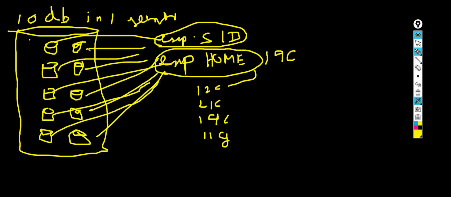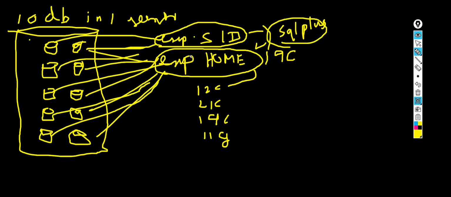We need to set the Oracle SID for the first database, Oracle Home for the first database, then connect to SQL Plus. When we set Oracle SID and Oracle Home, we will be able to connect to SQL Plus, and then we execute any SQL statements, get the results, and store them in a file, either a text file or LST file in the server.